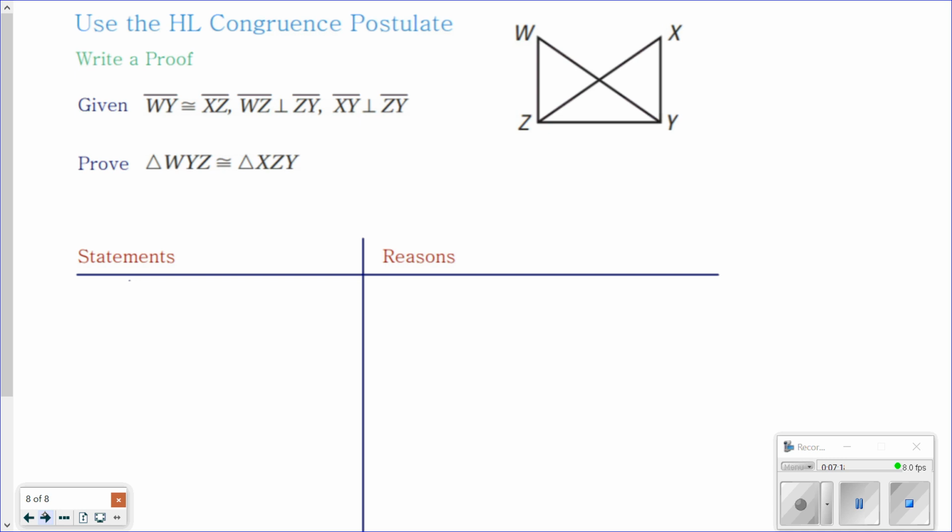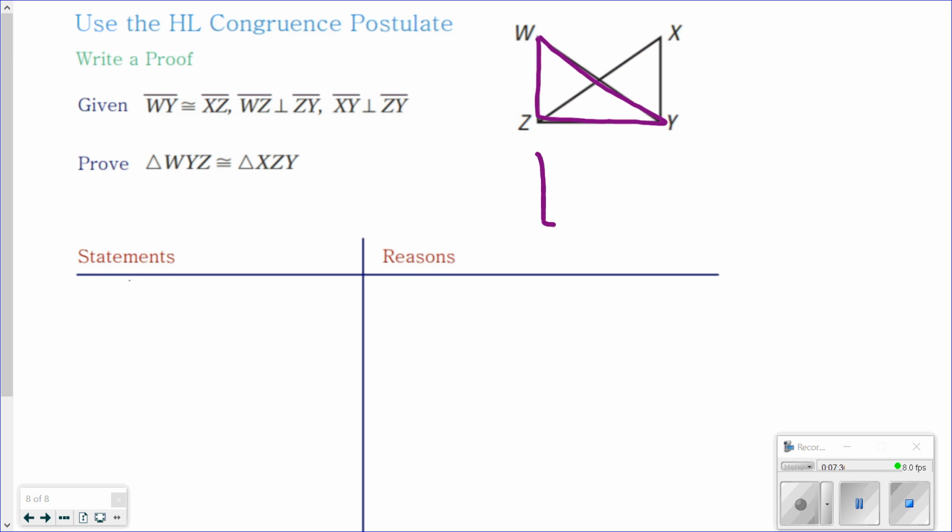Now, if I look at this diagram, I have two triangles that are kind of overlapping. So I'm actually going to redraw this so I can see the two separate triangles. So I have a triangle here. I'm going to outline it in purple.